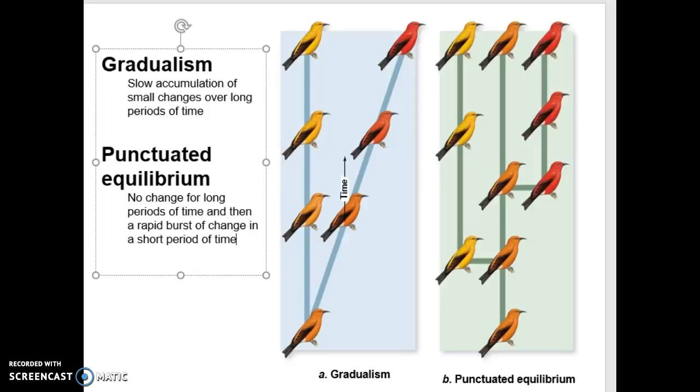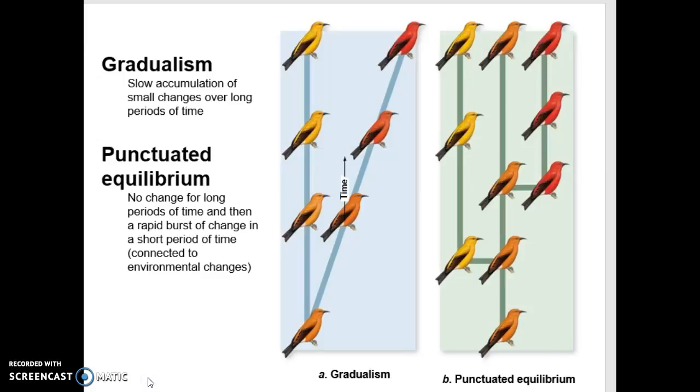This one is often connected to environmental changes. So an ice age happens, glaciers retreat, continental drift happens, boom, rapid change with punctuated equilibrium. That rapid change doesn't often lead to lots of fossils sitting in the fossil record, because these rapid bursts of change in a short period of time don't always favor fossilization.